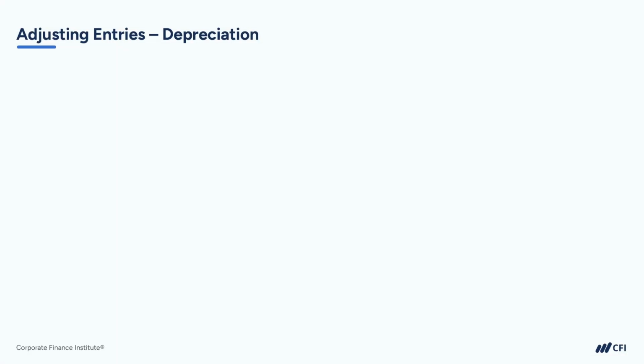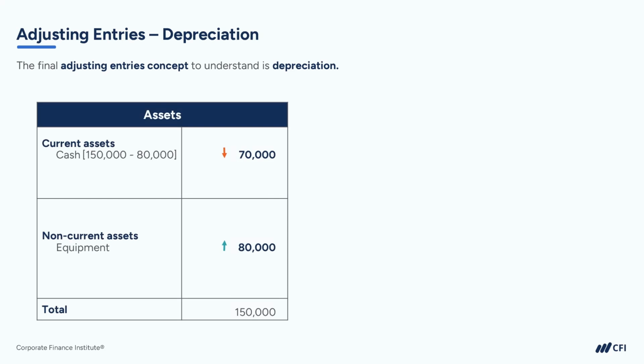Another incredibly important accounting concept that involves adjusting entries is something called depreciation. Remember in our original balance sheet example, we purchased equipment with a value of 80 and recorded it as property, plant, and equipment under non-current assets.